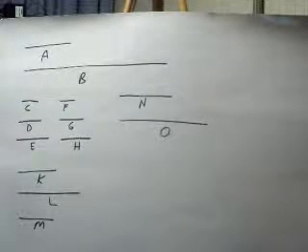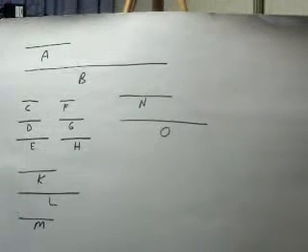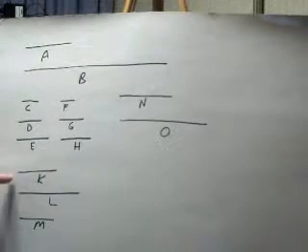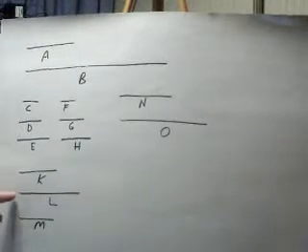But as K is to M, so is M to L. Therefore, K, M, and L are continuously proportional in the ratio of C to F. As C is to F, so is K to M. As K is to M, so is M to L.